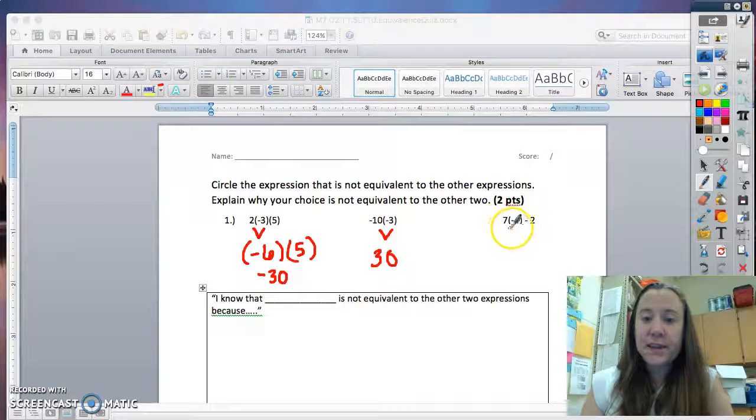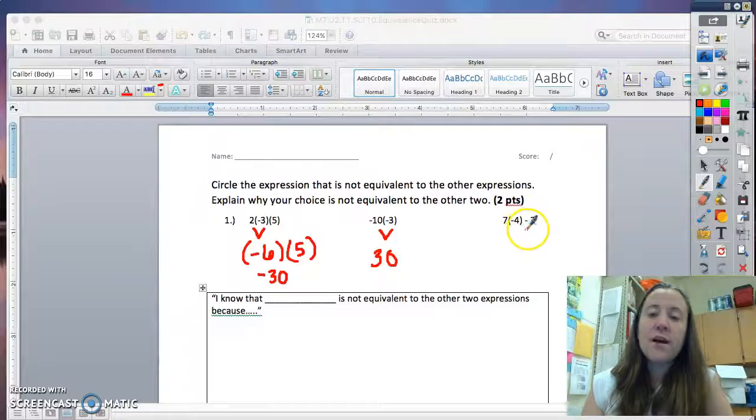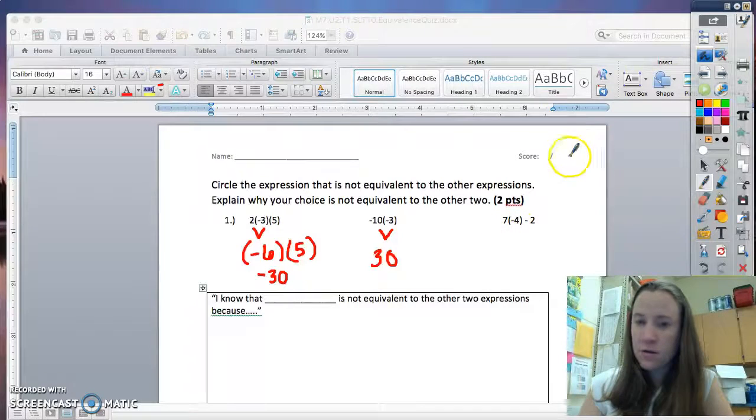But this is 7 times negative 4 minus 2. A lot of you chose or thought that this was a multiplication problem all the way across. And if that were true, this negative 2 would have been in parentheses to show it's multiplication. So 7 times negative 4 is negative 28.